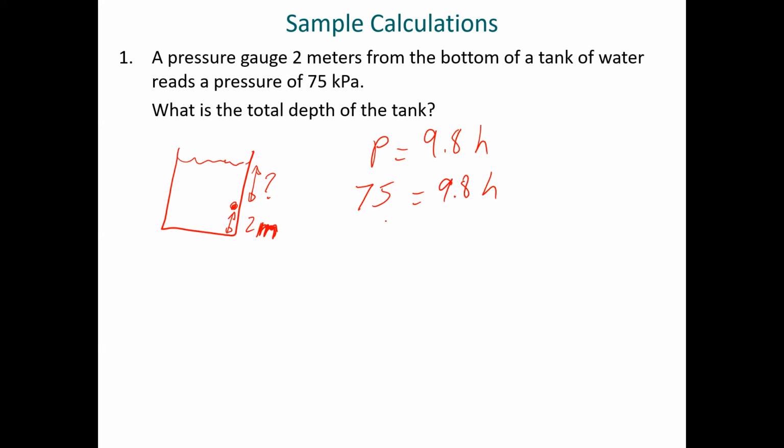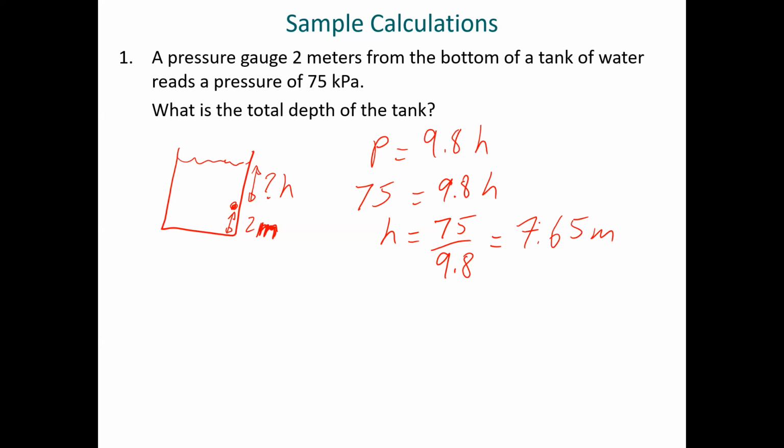And so I'm going to manipulate my formula. Height is going to be 75 divided by 9.8. So let's figure out what that is. This question mark, by the way, is the height that I'm calculating right now, because that's where the pressure gauge is, of course. So 75 divided by 9.8 is going to be 7.65 meters.